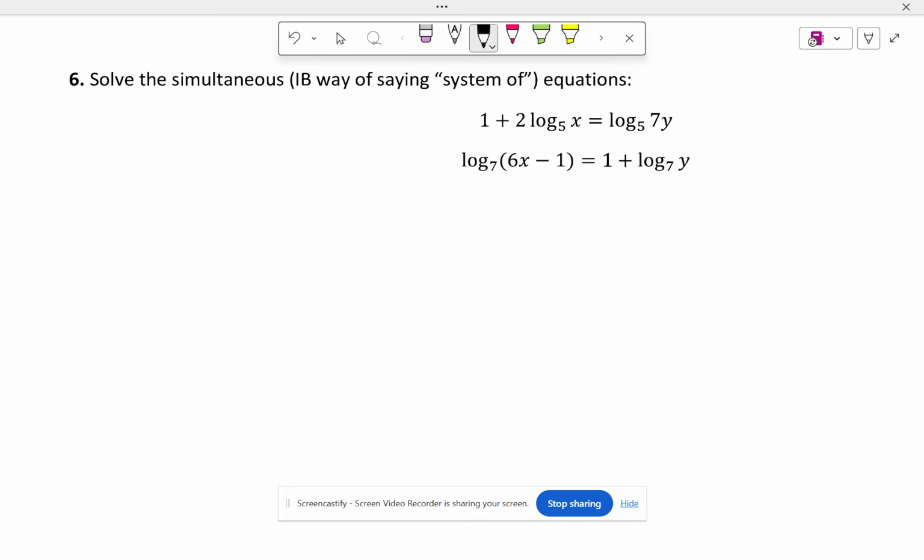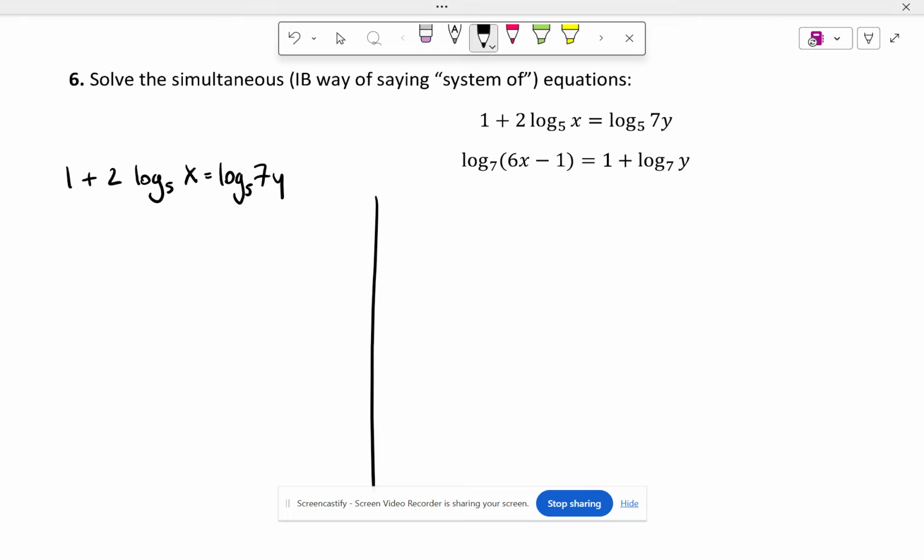All right, so what do we know about logs? They are snobs. So if I have a 1 and I got to figure out how to condense that with other stuff, I'm going to rewrite it with the same base as that first thing. So I've got 1 plus 2 log base 5 of x equals log base 5 of 7y.